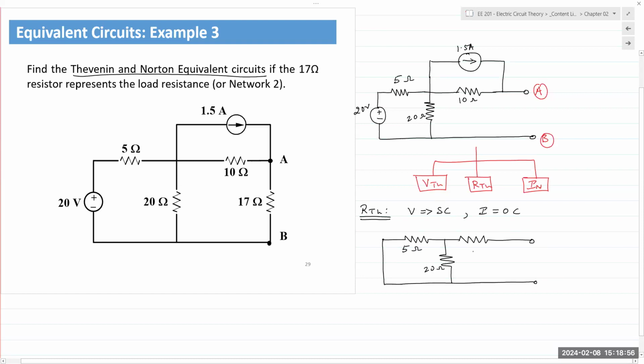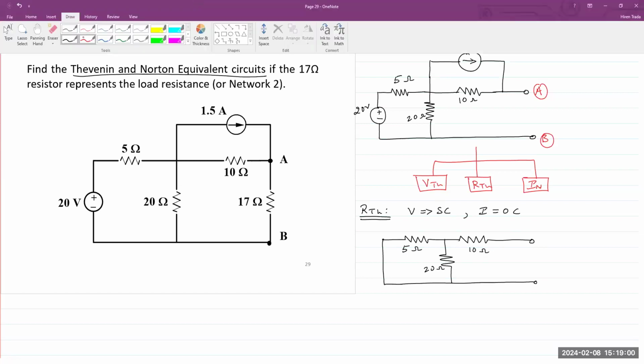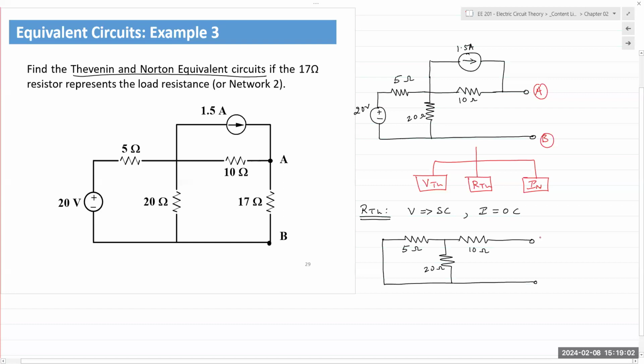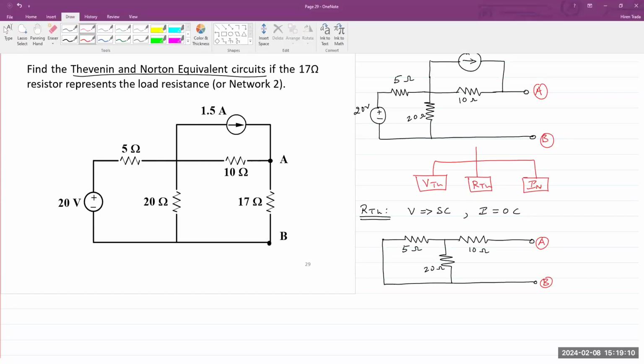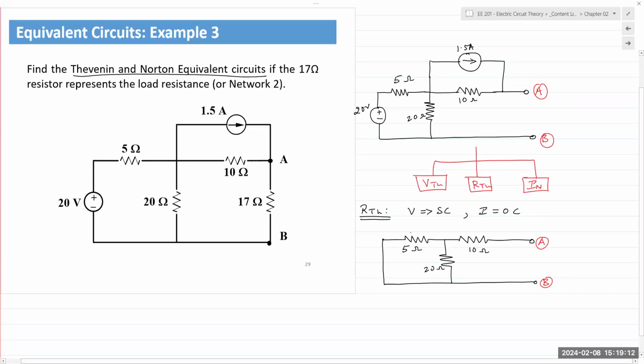20, and 10. So as with the previous example, we saw how a short circuit brings a resistor in parallel, and we have the same thing happening here. Because of the short circuit of this voltage source, right here on the left, the 5 ohm resistor is now in parallel with the 20.